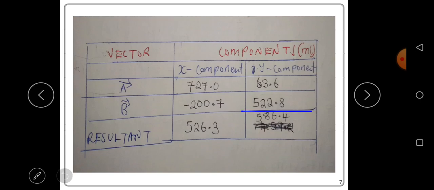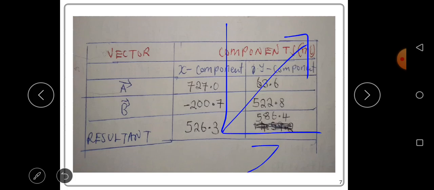Then when you also do a summation here, you get 586.4 miles. So we can tell that the x component of the resultant vector is positive and the y component of the resultant vector is also positive. So we can tell how this resultant vector is looking like. It's looking like this.